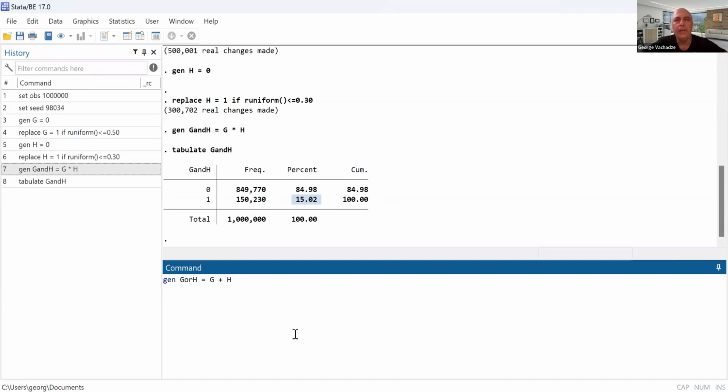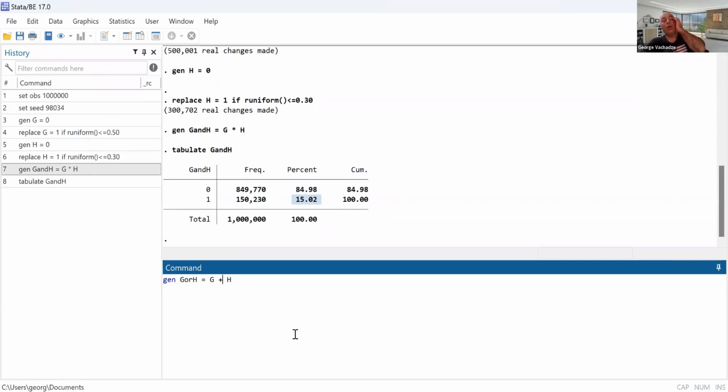I can get 0, 1, or 2, right? So 0 will happen if the student takes neither the math class nor the science class. In order for G plus H to be 0, both of them should be 0. That means the student takes neither math class nor science class.